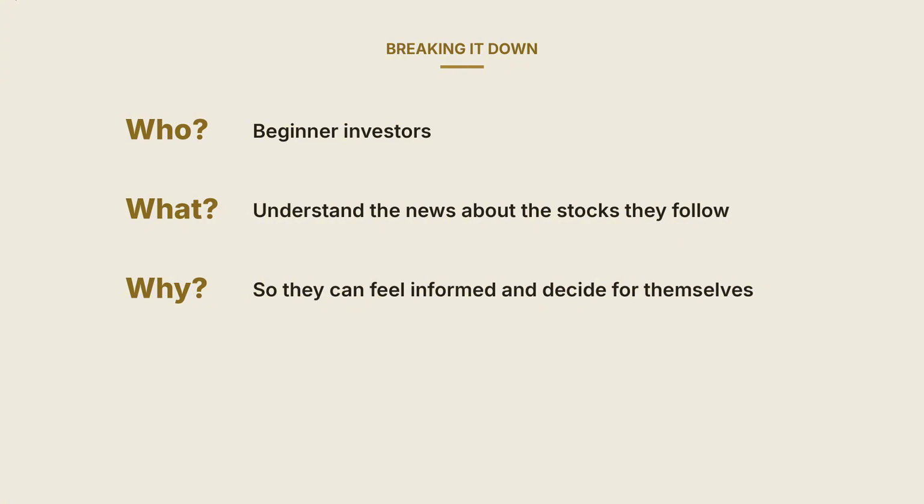The what, to understand the news about the stocks they follow. And the why, so they can feel informed and make their own decisions. Now, try to complete that sentence for your own idea. And if you cannot explain it clearly yet, that's okay. The next few steps will help you.